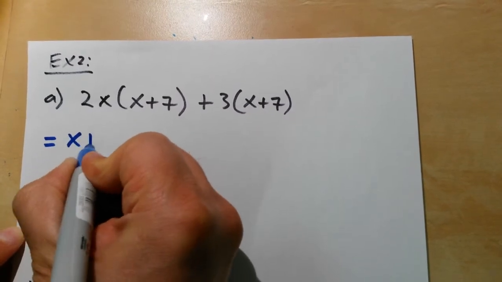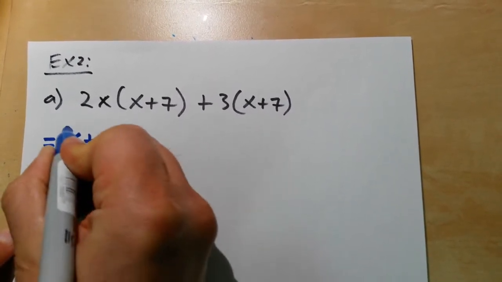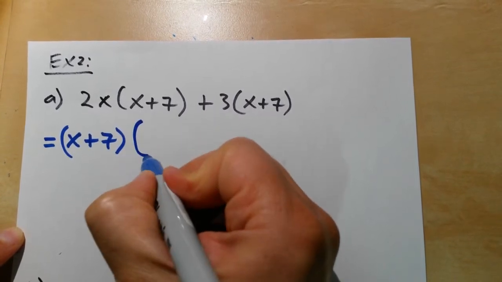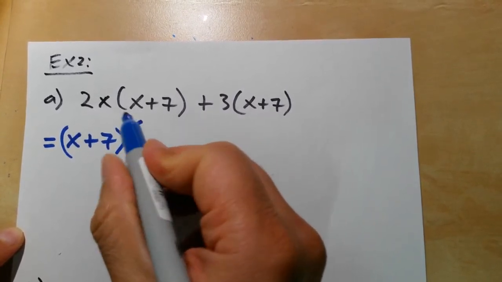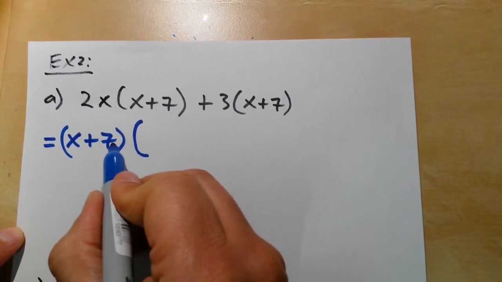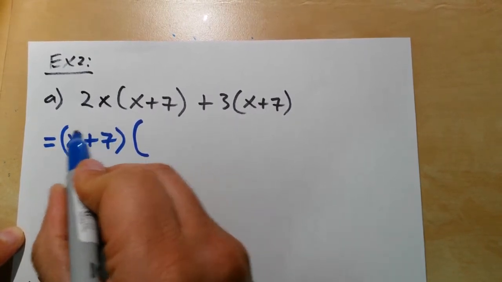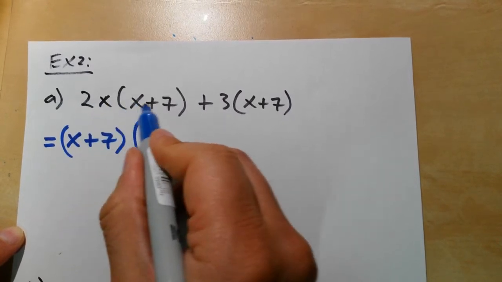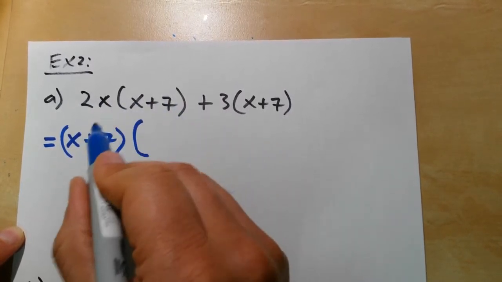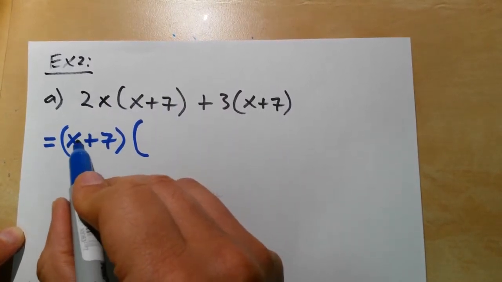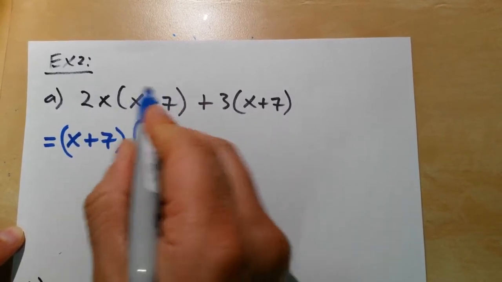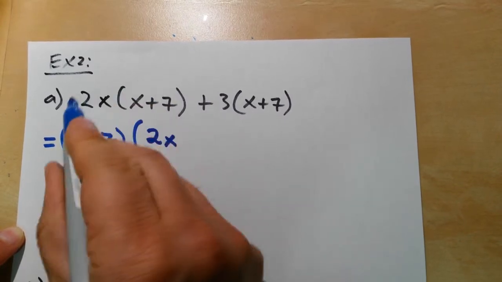So x plus 7, keep it in brackets. And then let's open this up now. Open the brackets. What do we need to multiply x plus 7 by in order to get 2x times (x plus 7)? So we need to multiply x plus 7 times 2x in order to get this.